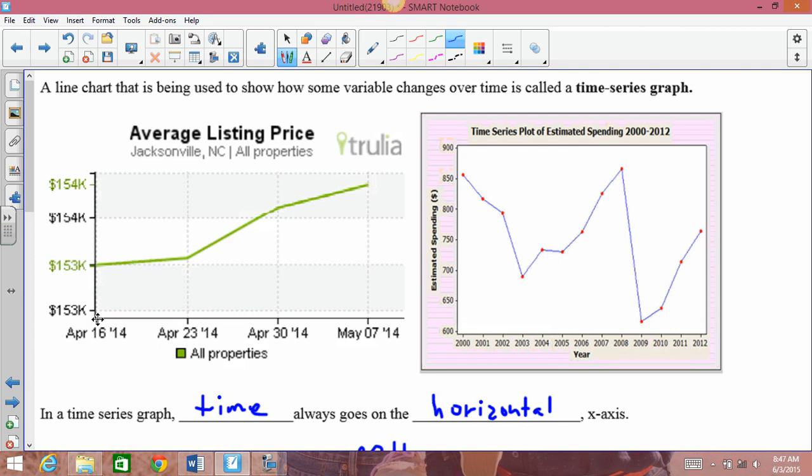The graph on the right, our spending, has a big problem: it says estimated spending. Whenever you see 2000 being a little over $850, we don't know if that's $850 a week or a month. It's not telling us the units of that spending.